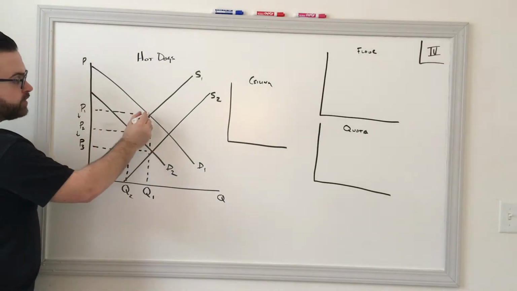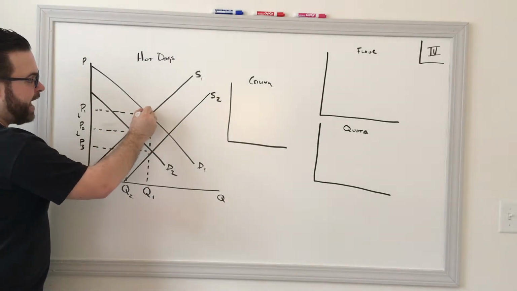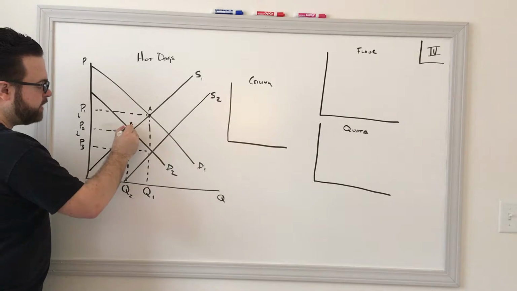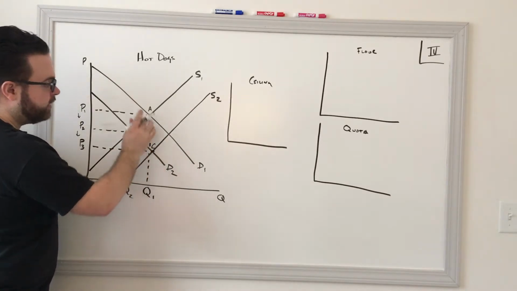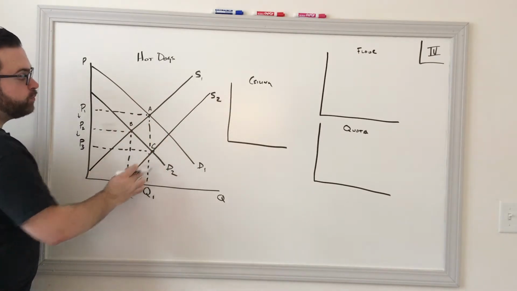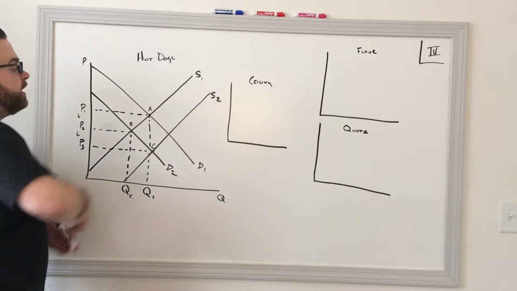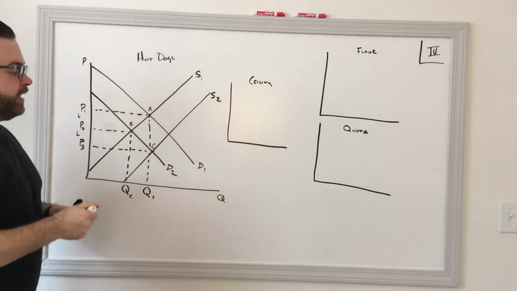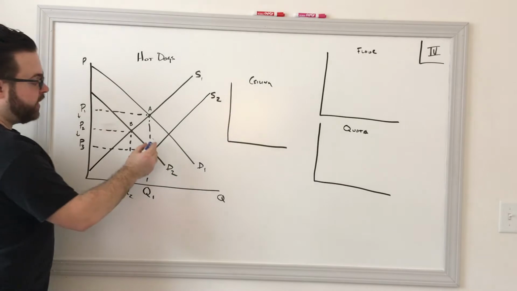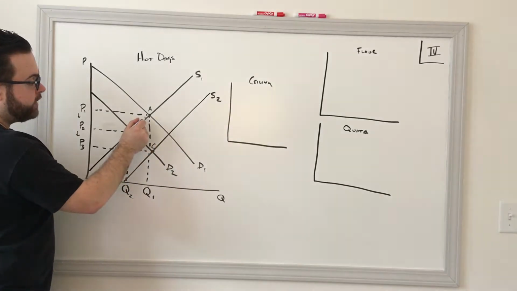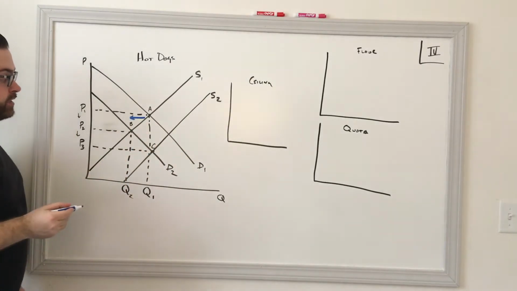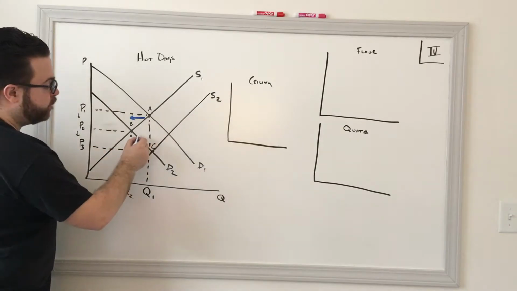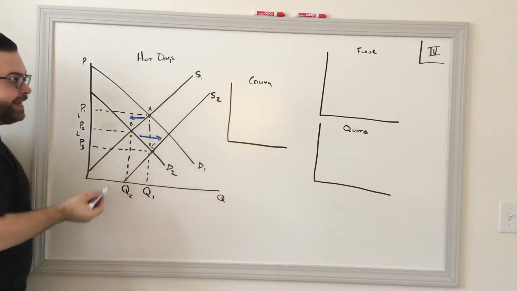Both of these shifts from our original equilibrium, we'll call it A to B to C, both of these shifts have brought price down. But if we think about what has happened to quantity, when the demand shift happened, quantity went left, decreased. But when the supply shift happened, quantity moves to the right and increases.